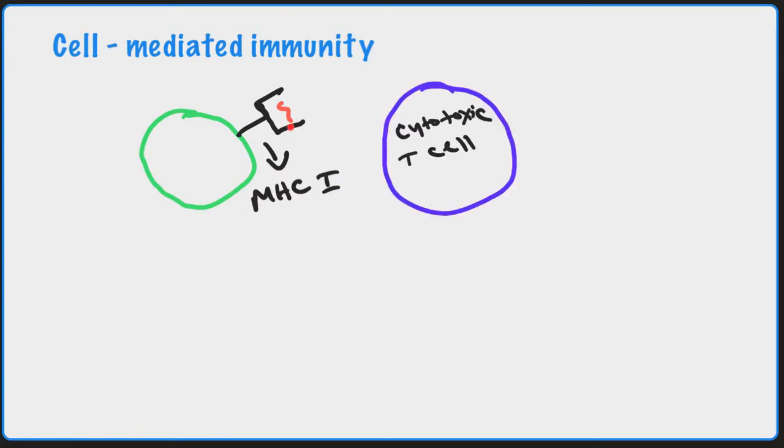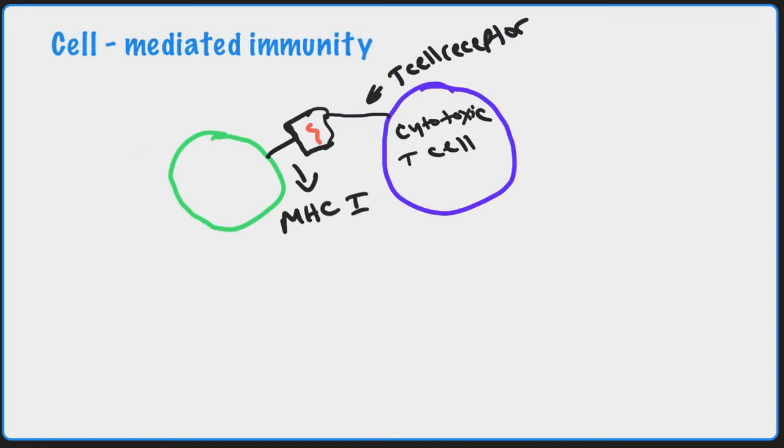Now, if this MHC1 is displaying a non-self protein, then a cytotoxic T cell can recognize that that MHC1 antigen complex is not self. And it will attach to that with a receptor that matches the receptor that's on the body cell or, again, the antigen-presenting cell.